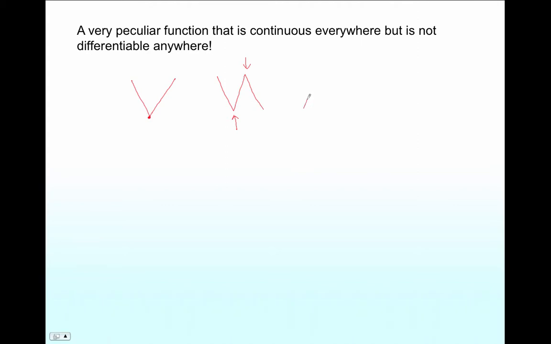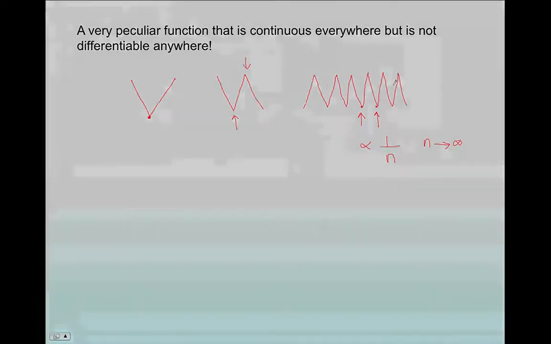Now, we can make more edges, and we can keep making these edges like this. So if I look at two edges, it's not differentiable here, not differentiable here. If I can make this distance go down, let's say, as 1 over some large number n, and then I make n very, very large, then this is a function that will be continuous everywhere, but not differentiable anywhere.